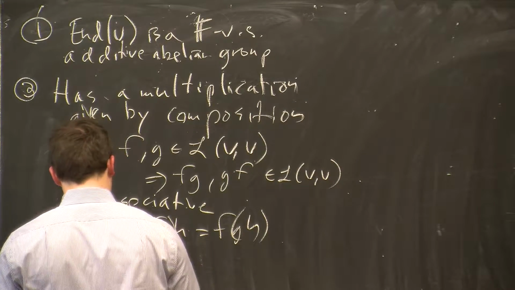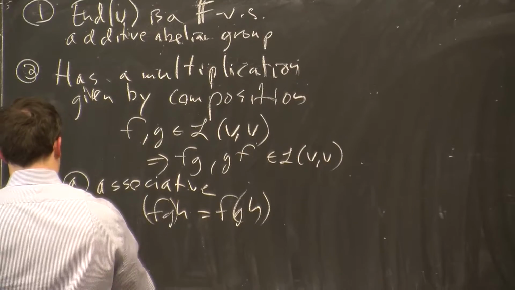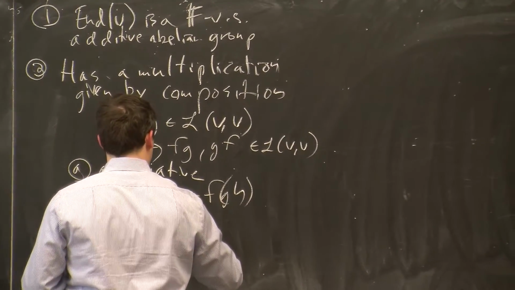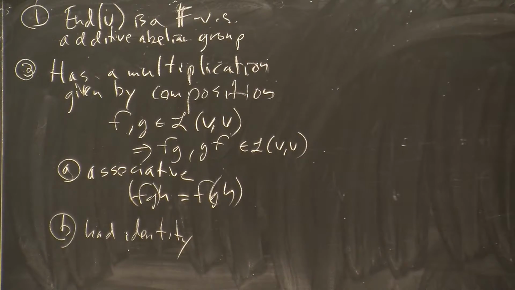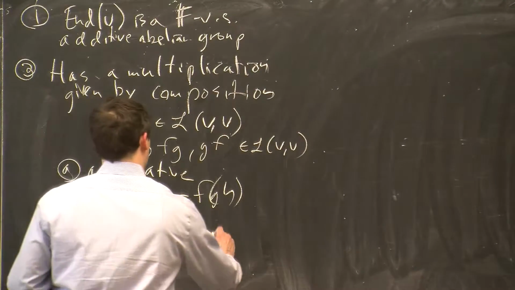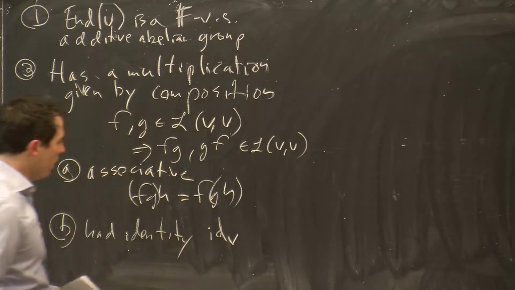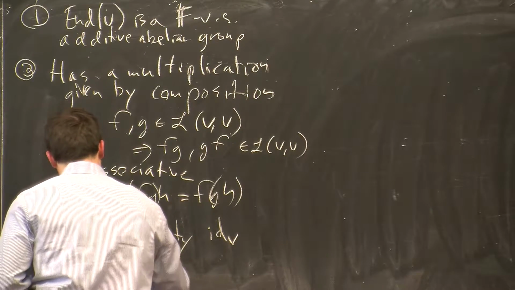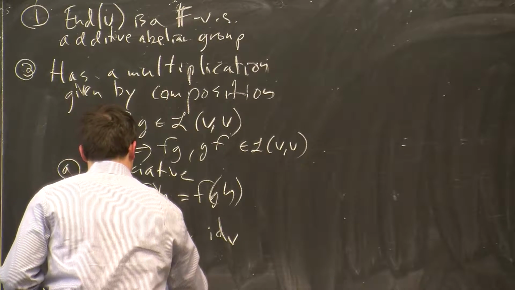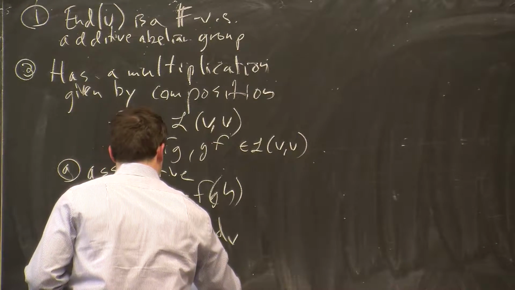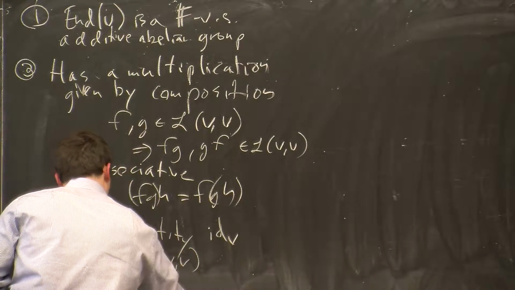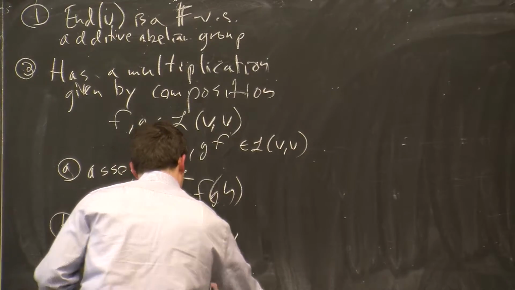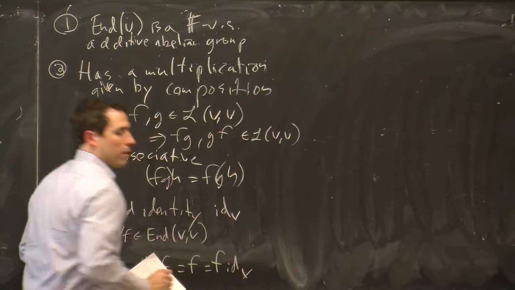So it's associative. There's an identity. What's the identity called in this case? It's ID. And it's an identity on both sides, right? For all f in this space of linear maps from a vector space to itself, ID times f equals f times ID.